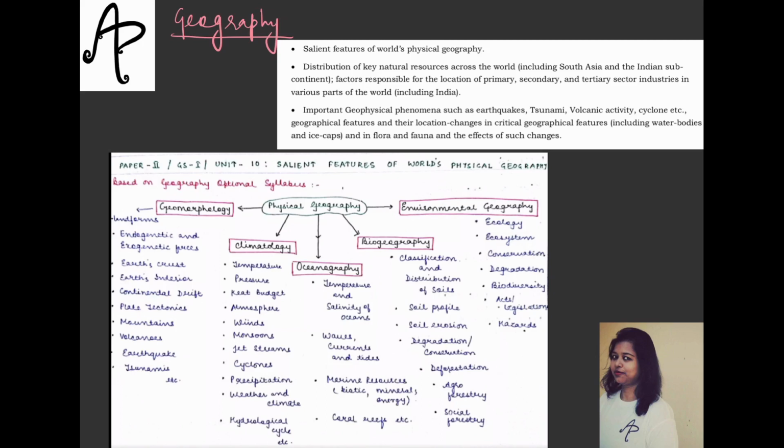Moving on to the next one, which is about the natural resources. So distribution of key natural resources. Now what possibilities could be here? If you, let's say, talk about the different resources, just a moment, I think there is some problem that you are not probably seeing it on the screen.